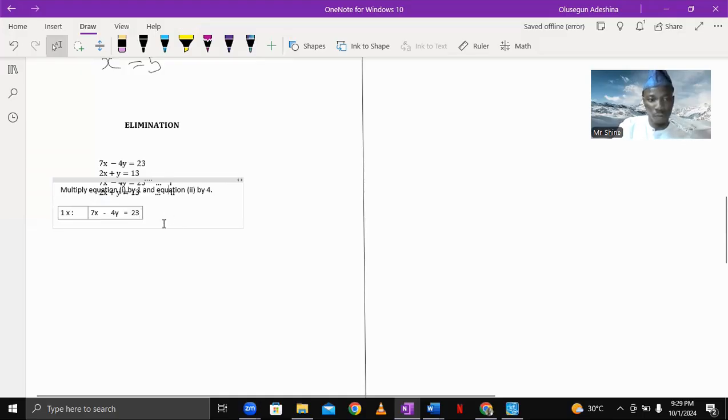So in the second equation, 4 multiplies 2x plus y equals 13. So let's see how that goes. So the next thing we have is this.